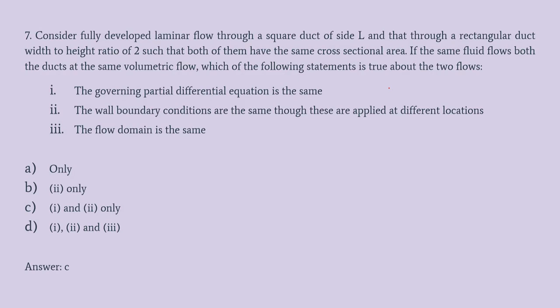Okay, next question. Consider a fully developed laminar flow through a square duct of side L and through a rectangular duct with width to height ratio of 2, such that both of them have the same cross-sectional area. If the same fluid flows through both the ducts at the same volumetric flow, which of the following statements is true about the flows?